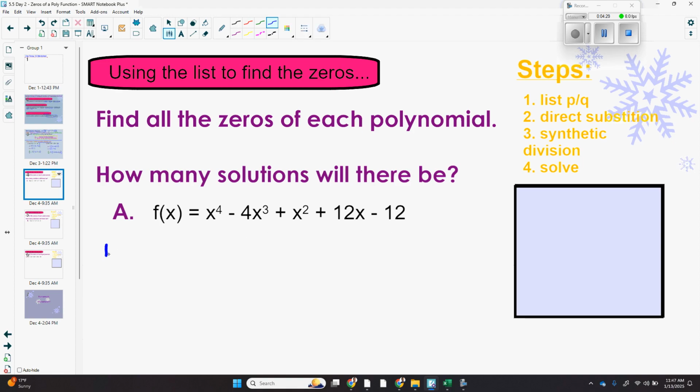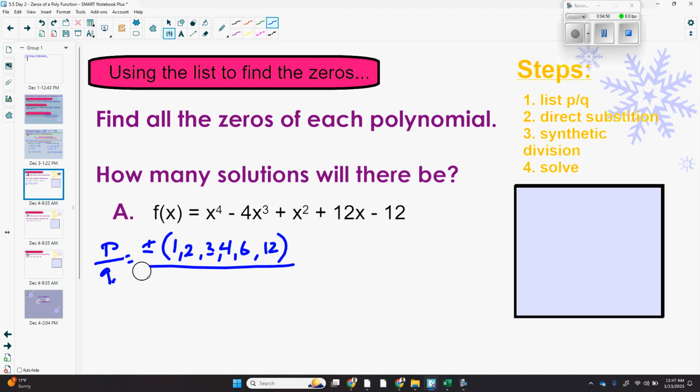So p over q is going to be 1, 2, 3, 4, 6, and 12, plus or minus all of those, divided by q, which is just going to be, again, 1. And we learned in that last slide that when it's over 1, that list does not change. So my possible rational roots are going to be 1, 2, 3, 4, 6, and 12.